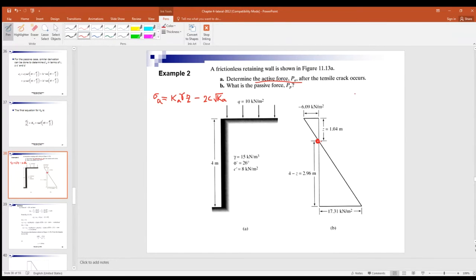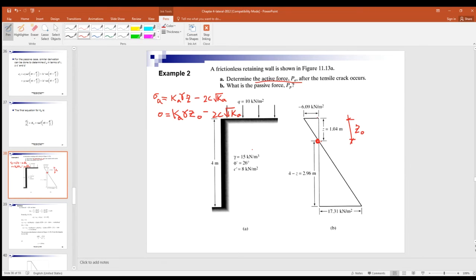So at this point, sigma naught, so 0 equals Ka gamma Z naught minus 2c square root Ka, right? So what's Ka?